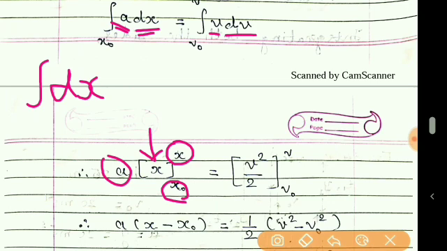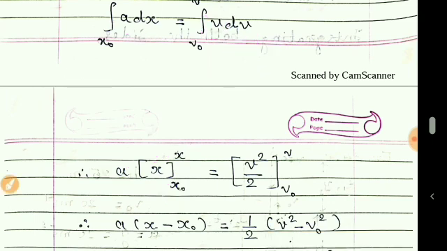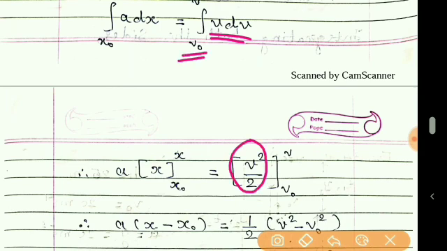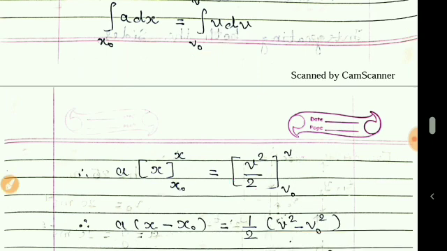So here what is the power of v? It is 1. When we integrate, the power is increased by 1. So already 1 is there, so 1 plus 1 is 2. So the power is 2, and whatever is there is divided. So integration of v dv is v square by 2, and then we put these limits, initial velocity and final velocity. So I hope you understood this also.